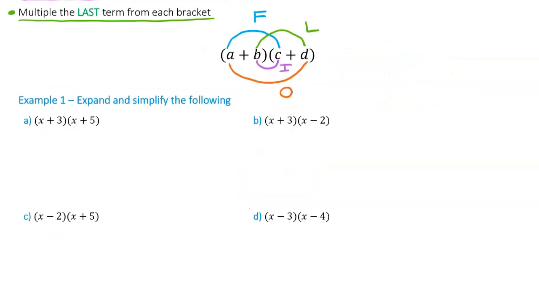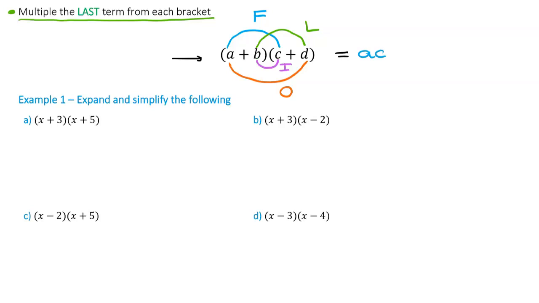Now, before we go into this example, if we actually did FOIL this bracket here, let's have a look at what that would actually be. If we multiply the first term, remember following the blue line, that would be A times C. So that would become, let's put an equal sign, AC.